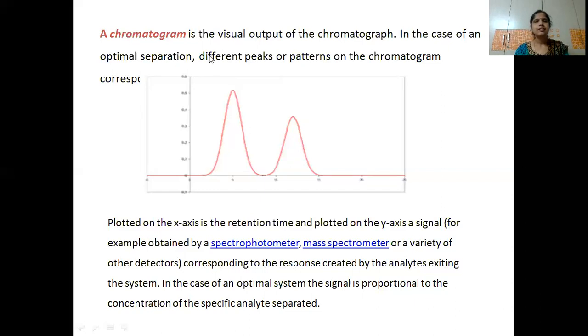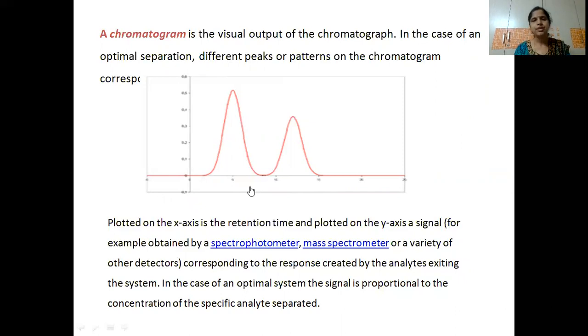It is a graph where on the x-axis we will have the retention time, and on the y-axis, there will be concentration. The number of peaks here in this picture, you can see there are 2 peaks. That means there are 2 different components present in the mixture. So the number of peaks gives information about the number of components present in the mixture.